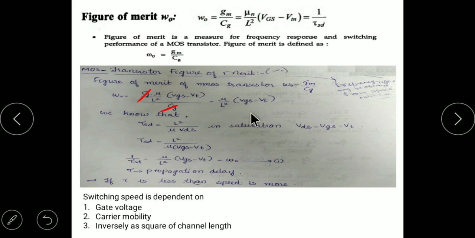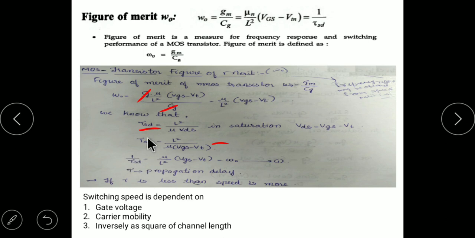But we know what the transit time is: L square by mu into Vds, or L square by mu into (Vgs minus Vt). Here it is reversed: mu into (Vgs minus Vt) by L square.